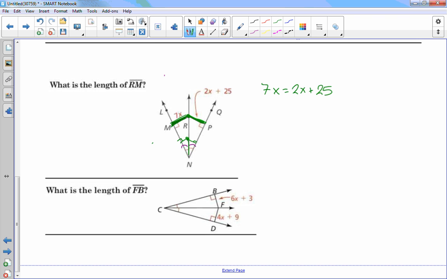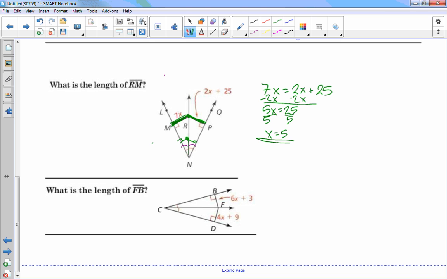Set them equal with x. Solve it, please. What would you get? 5. Good. You minus 2x, you have 5x divided by 5. X equals 5.